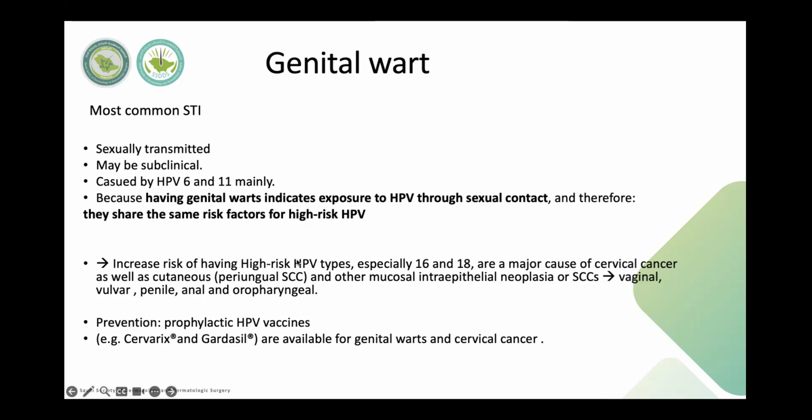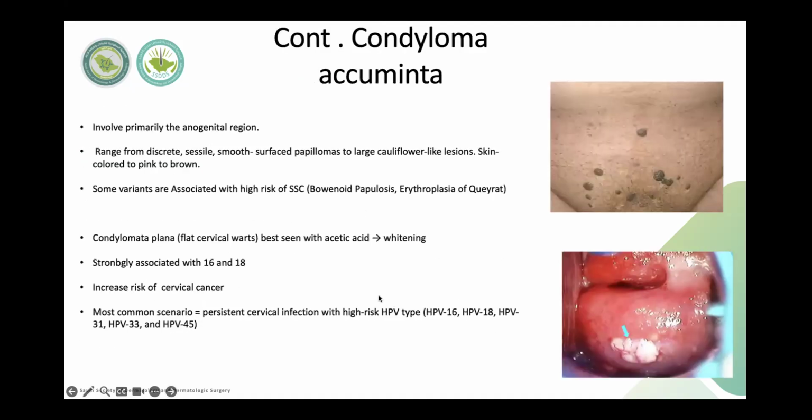When it's in the cervix and high risk, it usually presents as flat wart, condylomata plana. When it's low risk, it usually presents in the genital area as sessile, smooth-surfaced, papillomatous, skin-colored to brown lesions. Some variants are actually precancerous, like bowenoid papulosis, but the typical ones are not.